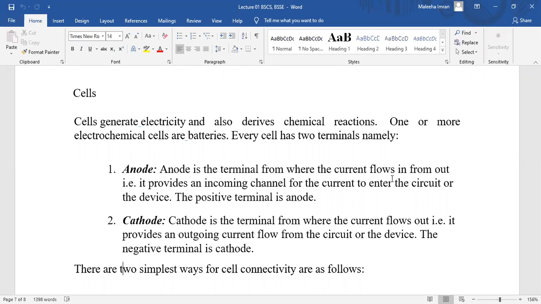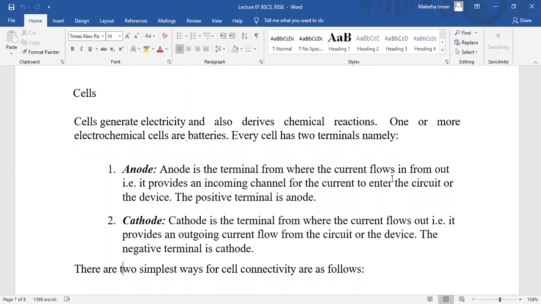So depending upon which type of the current you are considering, either you are considering the cell जो है they generate the electric currents, and electric currents flow from the negative to the positive terminal of the battery.